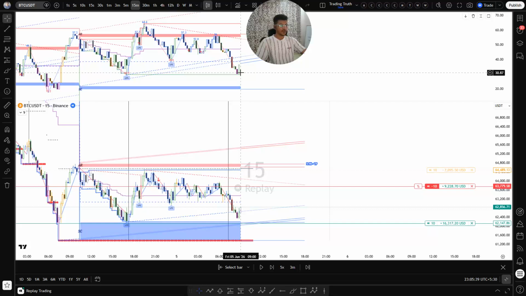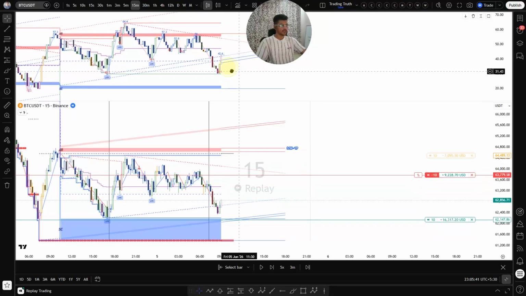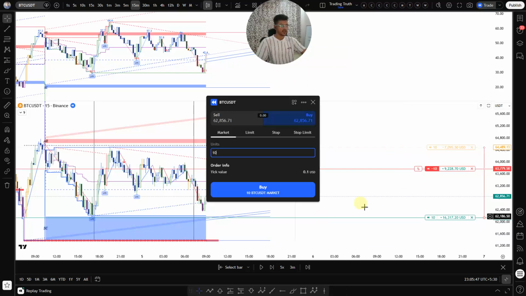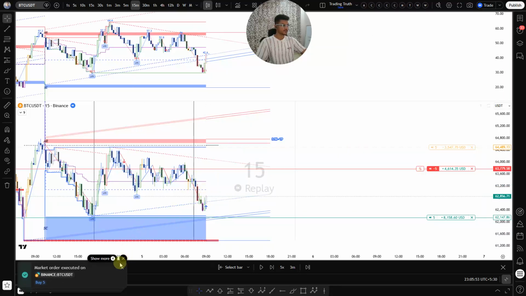So we have to take a decision whether we want to exit this trade or not. I think we should take partial profit. So let me actually buy back 5 units and take profit on that, and I'll just let the rest of the trade run.